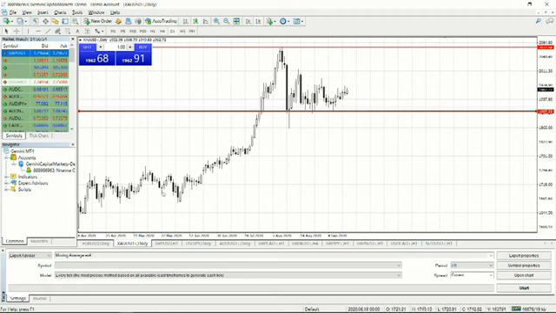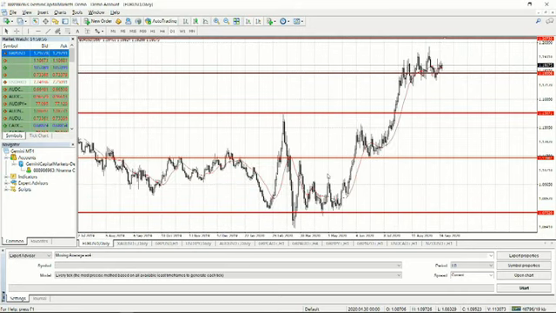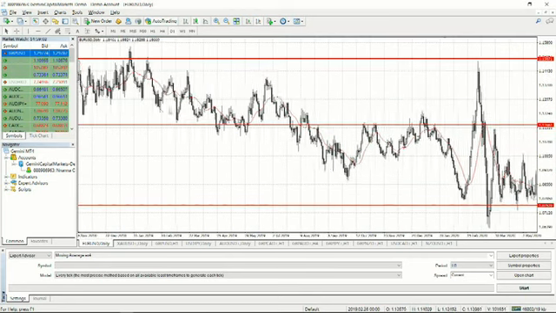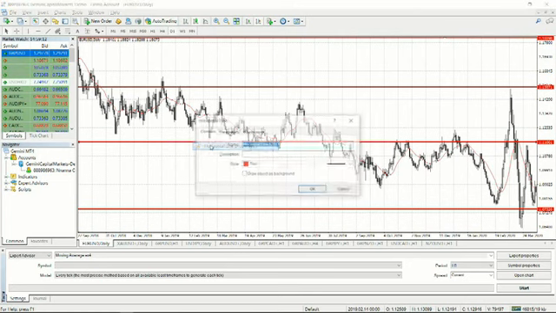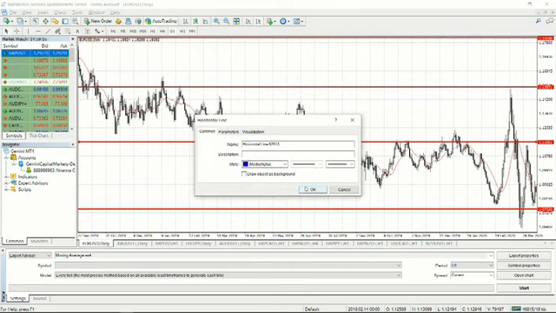Let me zoom in. Like we said, the more things that confirm and back your trading bias, the better. If you have a bearish pin bar followed by a bearish engulfing bar, there's also another pattern called three black crows.